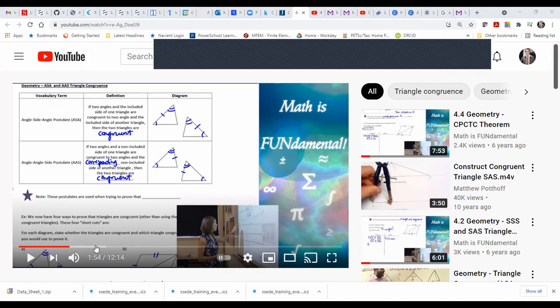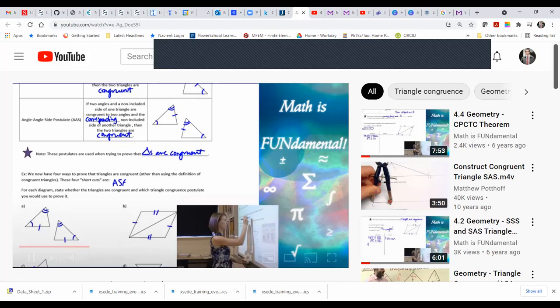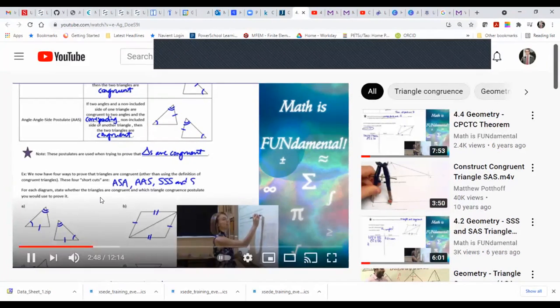And the next one, I think, is an example of using the theorem. So we learned angle, angle, side, and in the last video, we talked about side, side, side, and side, angle, side.